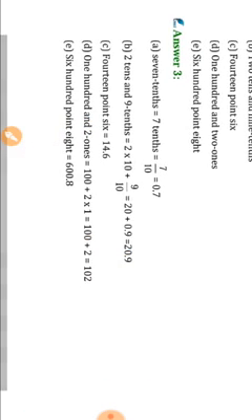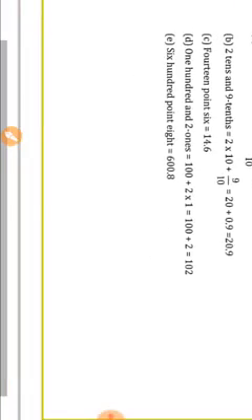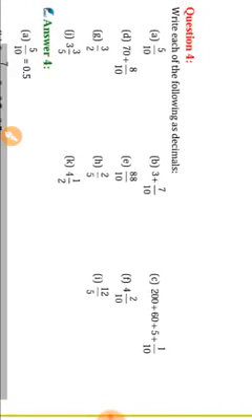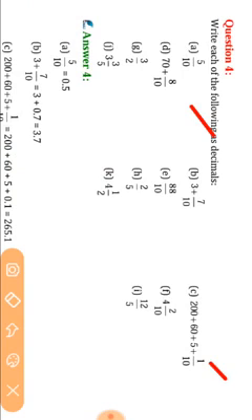Then 600.8 directly. Okay, then write each of the following as a decimal. Directly I showed this one and this one, so you know the process how to write in decimals. This also you can write. So this I'll show, 4 and 1 by 2.